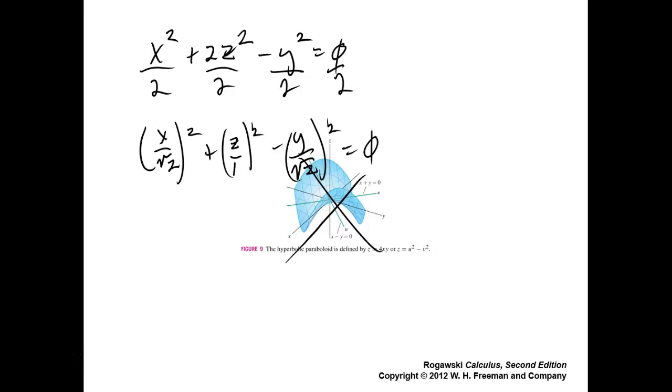Now, how do we determine, as it says here, without referring back to the formulas, use traces to determine and graph the quadratic surface given by that. All right. So here's what I would do first.